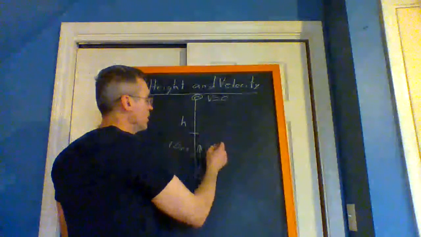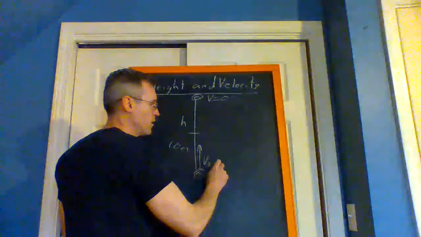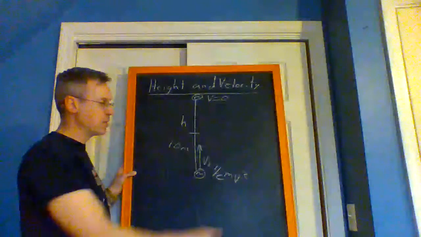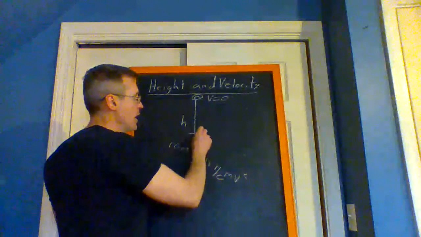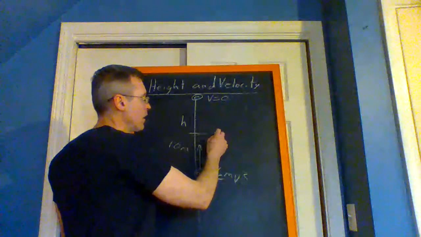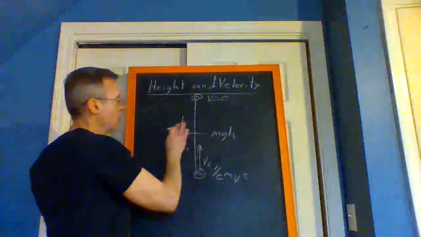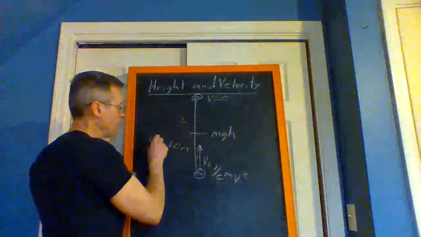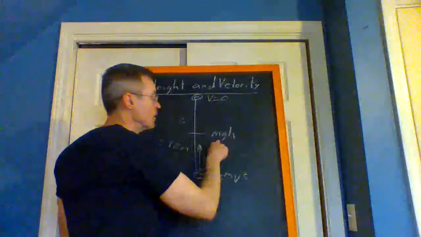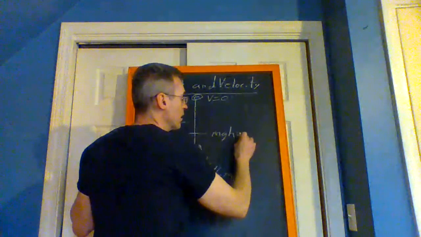Over here at the bottom, its energy is all kinetic, which is 1/2 mv squared, and you could figure that out. Halfway, at any point in between there, its energy is mgh, h being whatever height you're looking at, plus 1/2 mv prime squared, because it has some potential now and it has some kinetic.